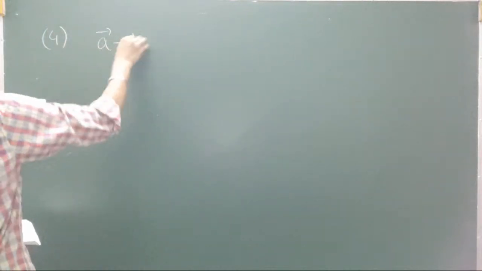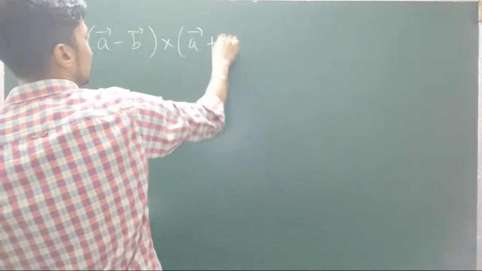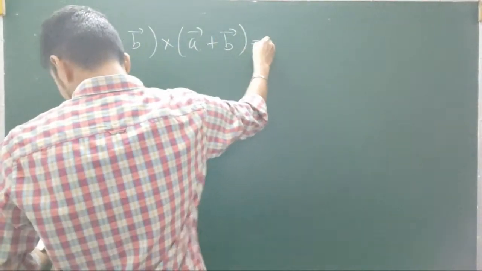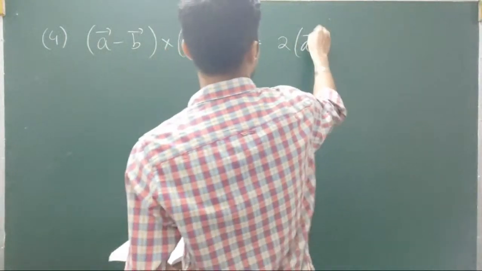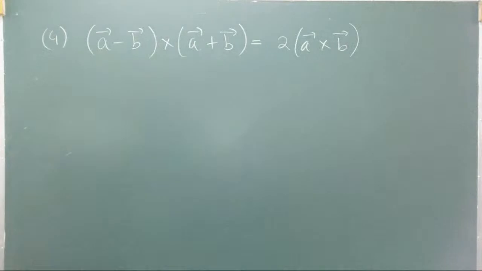Number 4. Show that (A minus B) cross (A plus B) is equal to 2 times A cross B. Yesterday we did it for the dot product, but for the cross product there is definitely a lot of change. Let's just multiply.